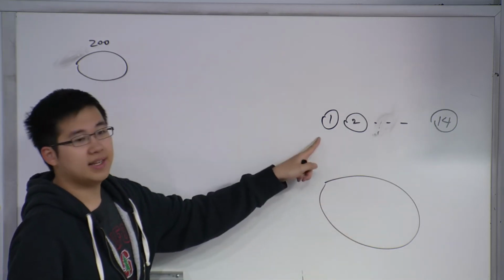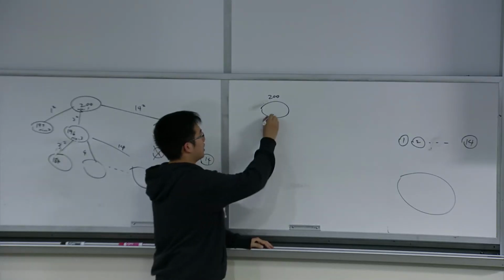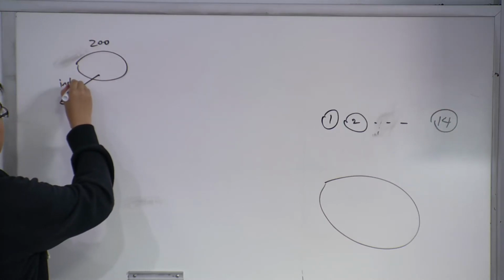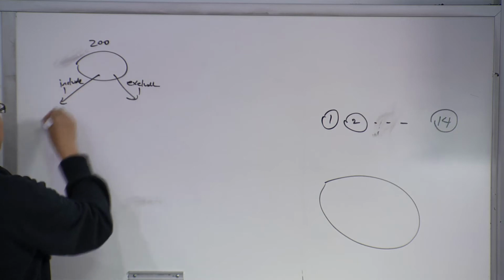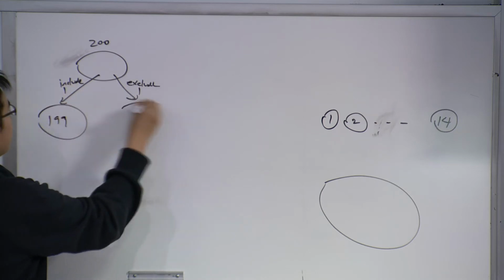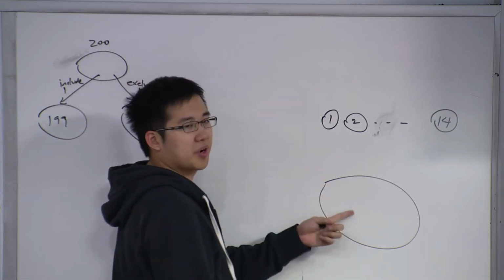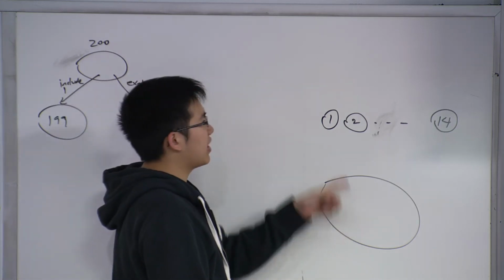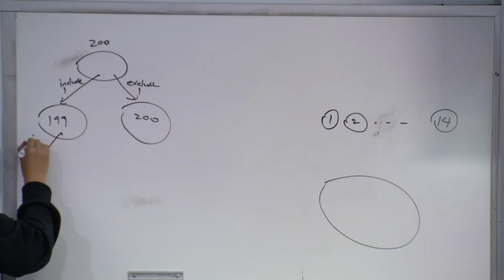So we can go through 1 and decide, do we include 1 or exclude 1? Include, exclude. So we can decide whether or not to put 1 in here. Then we can think about 2. Shall we include or exclude 2?